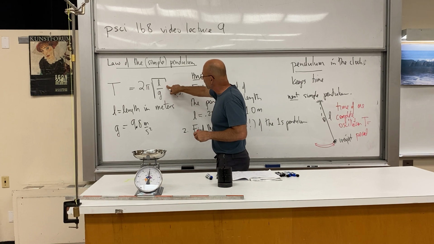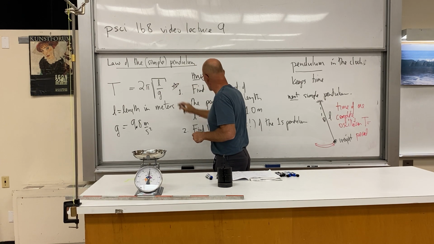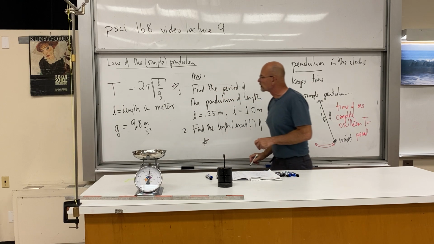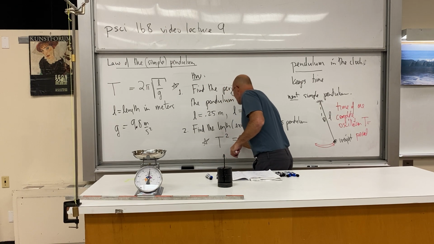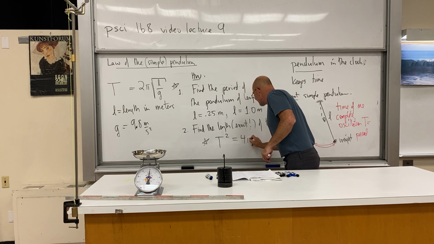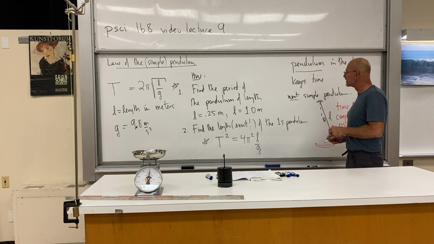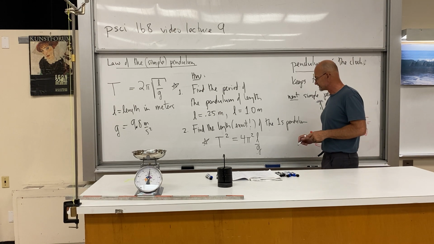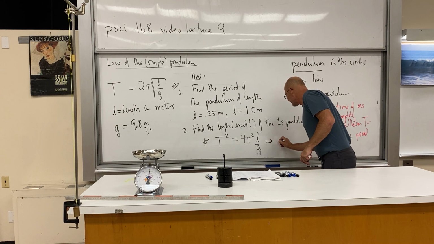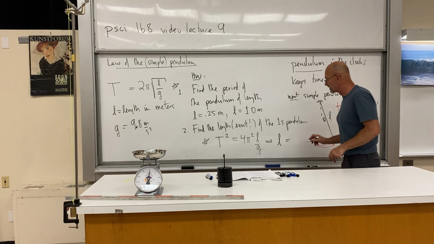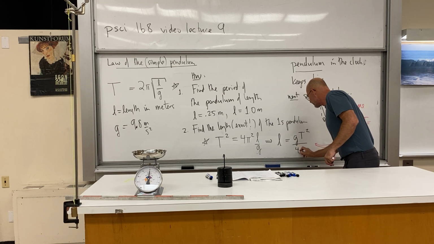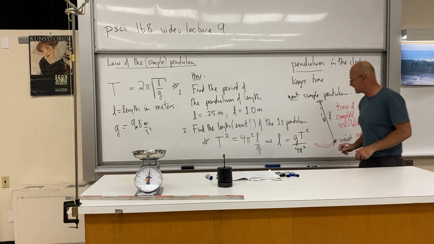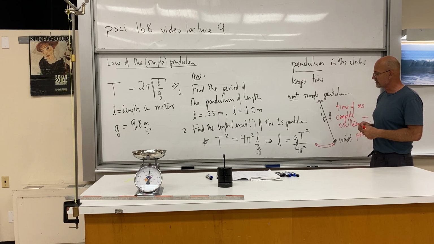We have to solve this equation for L. I'm going to name this equation star, and what we do is we square both sides. So now we have T squared is equal to 4 pi squared L divided by G, and now we solve for L. That means L is equal to G T squared over 4 pi squared.